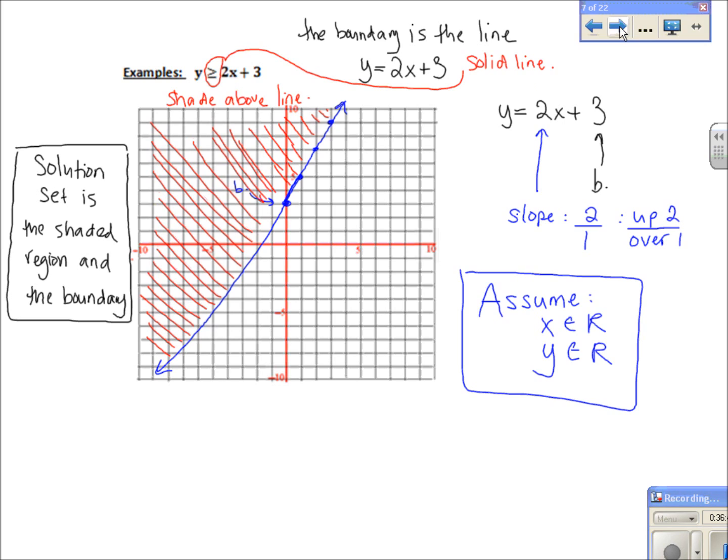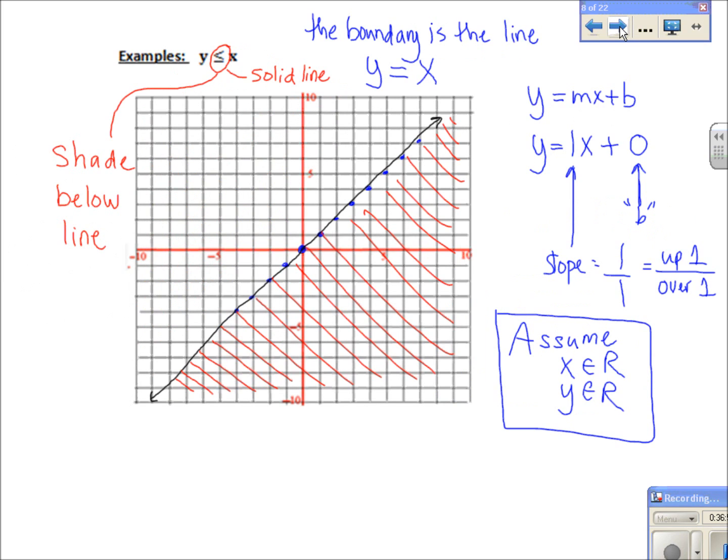Lower down on your page, on the next graph, again, the solution set is going to be the shaded region here and the boundary. So let's write that here. The solution set is the shaded region and the boundary.